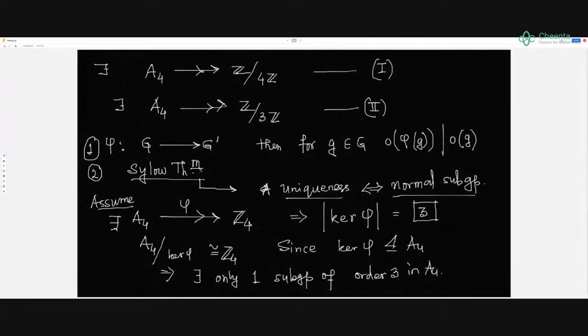You will always find two such subgroups which are of order 3. So this assumption is not correct. Take (1 2 3) and (2 3 4). This cyclic subgroup is of order 3, and this cyclic subgroup is also of order 3.